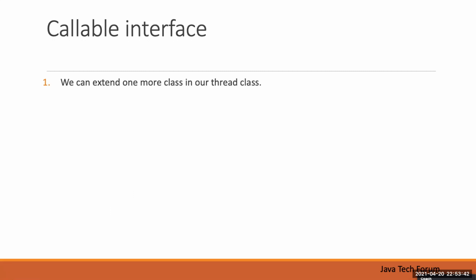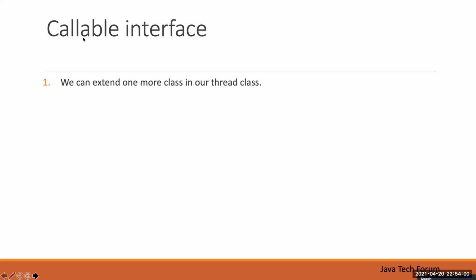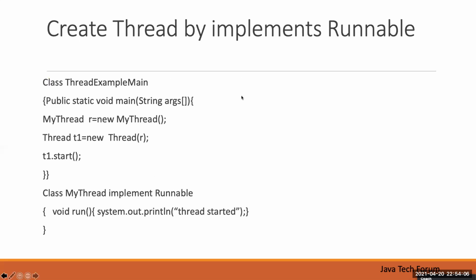One advantage of implementing the Runnable interface, sorry, this is not Callable, it's the Runnable interface, is this: Java does not support multiple inheritance, which means we cannot extend multiple base classes. At most we can extend only one class.